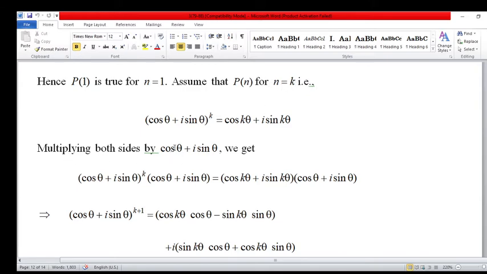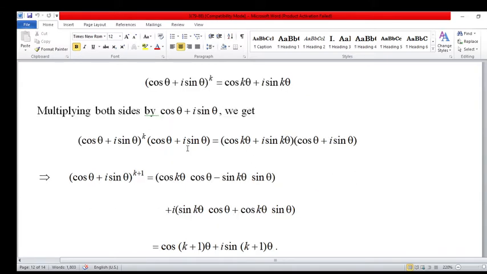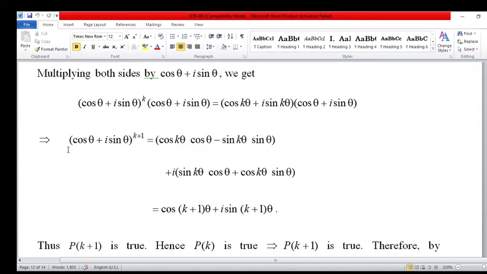Now multiplying by cos theta plus i sin theta on both sides: (cos theta plus i sin theta) to the power k times (cos theta plus i sin theta) to the power 1 is equal to (cos k theta plus i sin k theta)(cos theta plus i sin theta). On the left-hand side the base is the same, so the powers add: (cos theta plus i sin theta) to the power k plus 1.